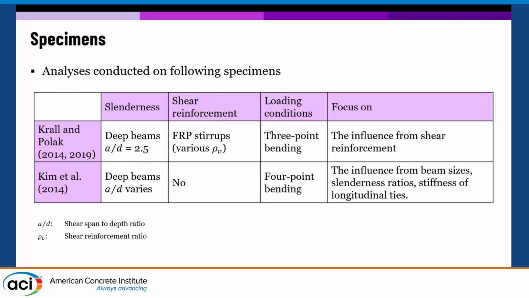There are very few tests like that which do have stirrups, and stirrups from GFRP, so that they can be used to calibrate strut-and-tie modeling. Then we used also a set of tests from Kim, who tested deep beams with a/d of 1.5 and 1.7, so much deeper, but they had no stirrups.